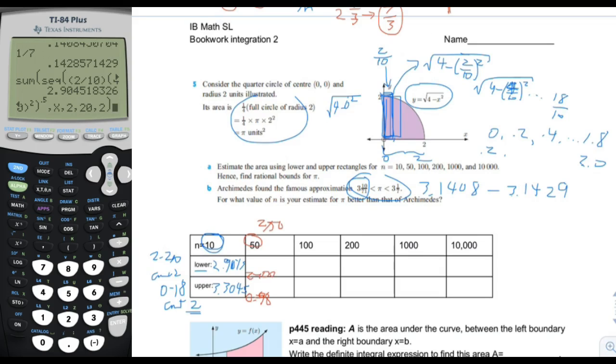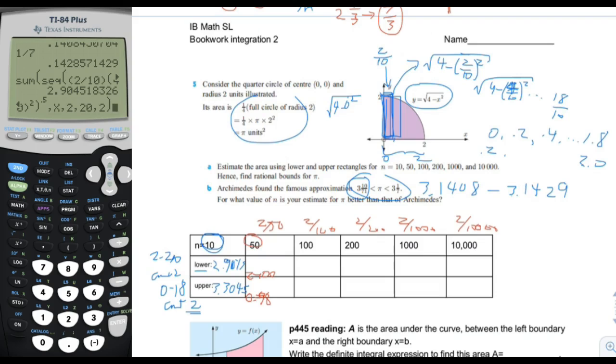Okay, and so like these others, we're going to be doing 2 divided by 100. This would be 2 divided by 200. 2 divided by 1,000. This would be 2 divided by 10,000. These are the widths.